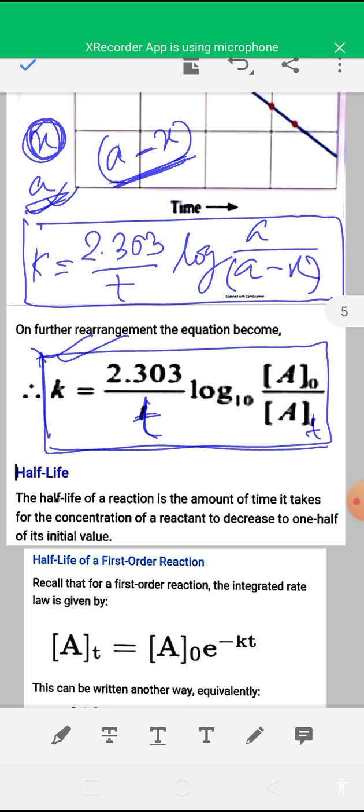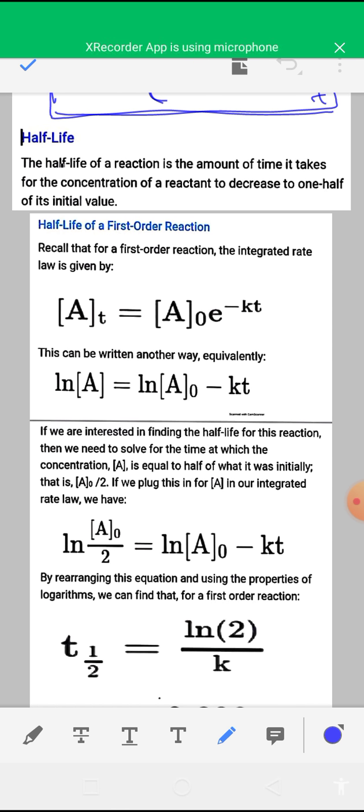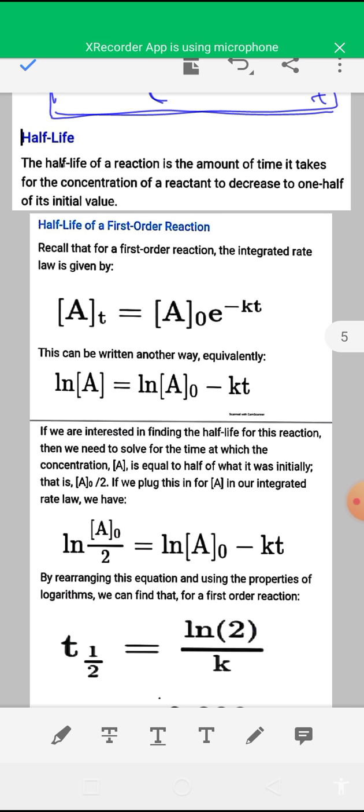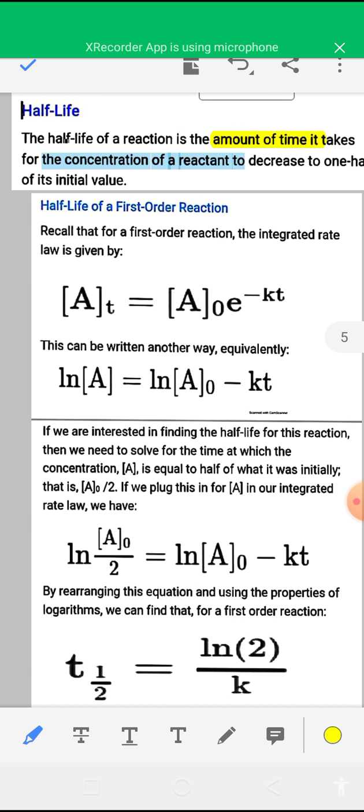Okay, so now see half-life period. What is half-life? The half-life of a reaction is the amount of time it takes for the concentration of reactant to decrease to one half of its original value.